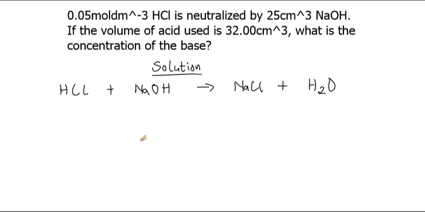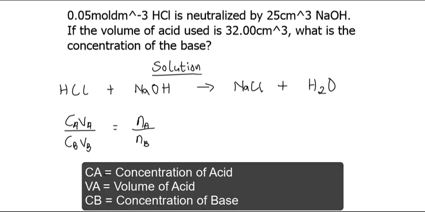I would like us to note that in any question that has to do with neutralization or titration, as some people do call it, also known as volumetric analysis, the formula most commonly used is CAVA over CBVB, which is equal to NA over NB, and that's what we'll be working with today as well.